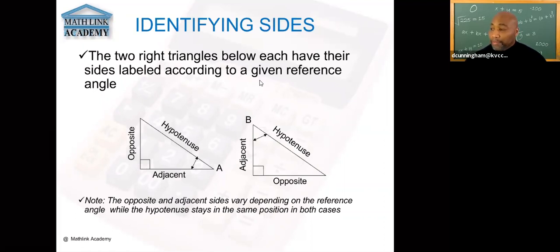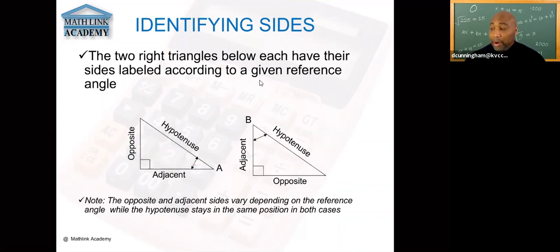For the first one, we have angle A. You have to stay with the reference angle, so the opposite side will be this side, according to angle A. The adjacent side will be the side that's touching that angle, which would be here. The hypotenuse is always going to be the side that is opposite to the 90 degree angle. So that's that particular drawing.